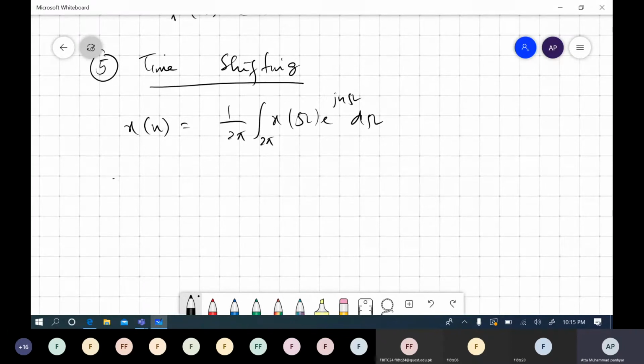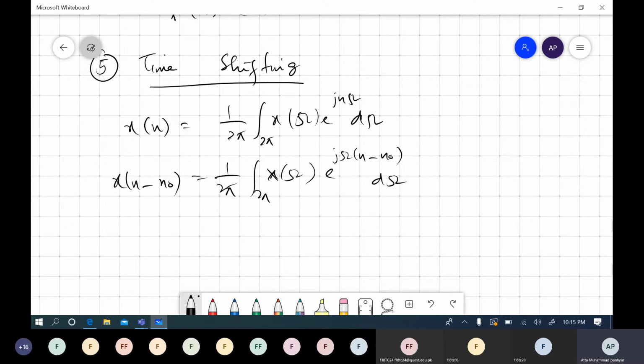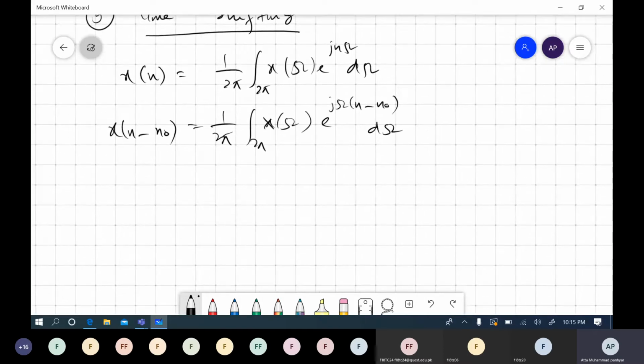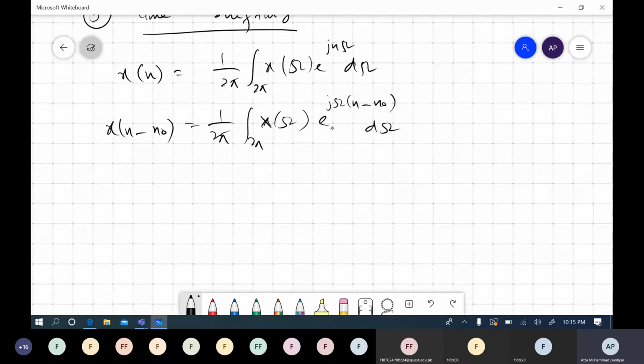If we shift the signal to n minus n naught, then we end up with 1 over 2 pi x of omega e to the power j omega times n minus n naught d omega. If we further solve it, this must be equal to e to the power j omega n times e to the power minus j omega n naught, right?